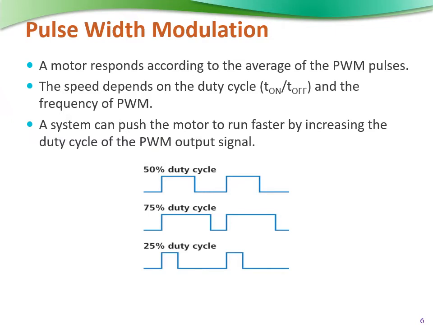If you see in this figure below, the motor with the 75% duty cycle will run faster than the other two. Similarly, the 25% duty cycle will make the associated rotor run slowest compared to the others.